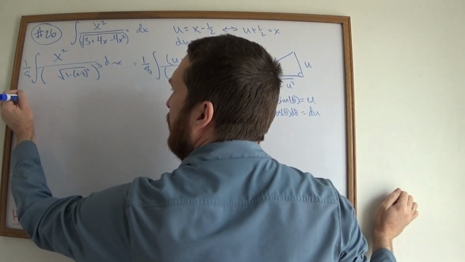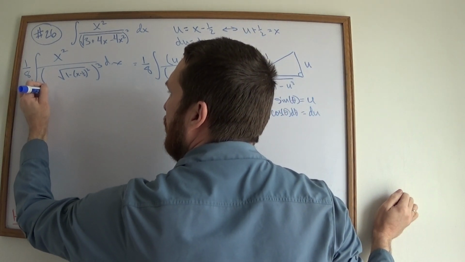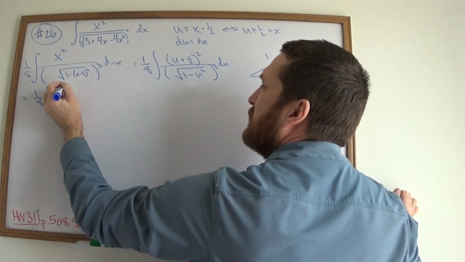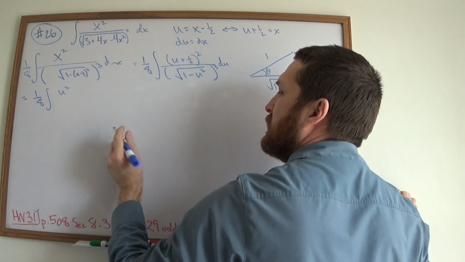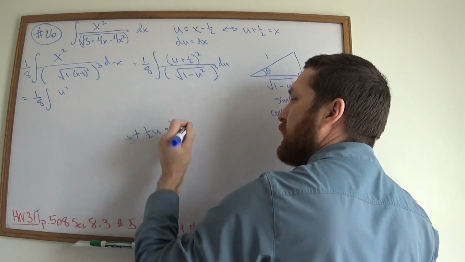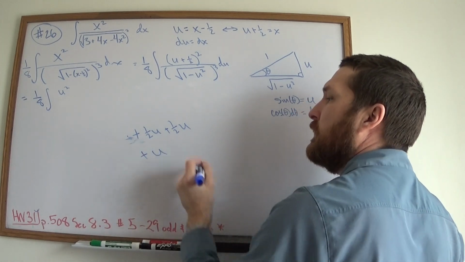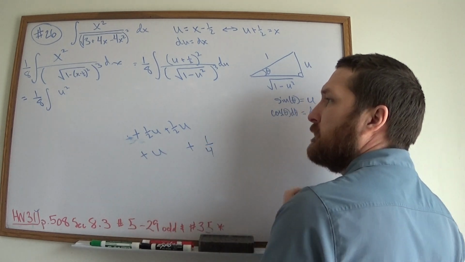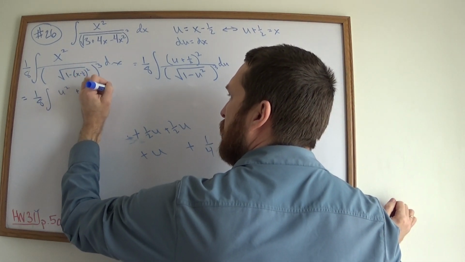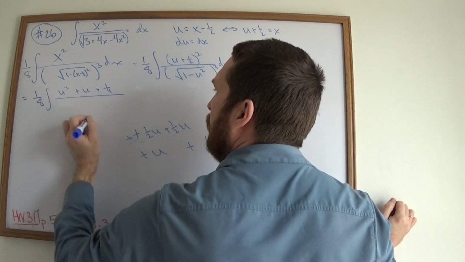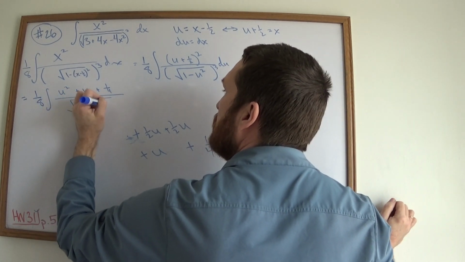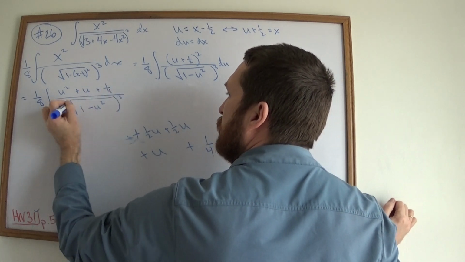So I'm going to go, okay, 1/8 the integral of first outer inner last gives me u squared plus 1/2 u plus 1/2 u, so a total of plus 1 u plus a quarter. Okay, so that's plus u plus a quarter all over root 1 minus u squared cubed.